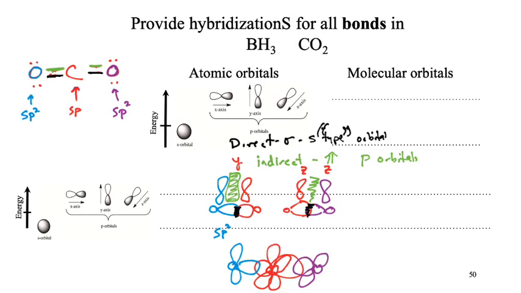Could I get a quadruple bond? Why not? Ran out of p orbitals. We wouldn't have any more p orbitals to make that overlap. Okay? In organic chemistry. You could theoretically do it in inorganic chemistry because we lie.